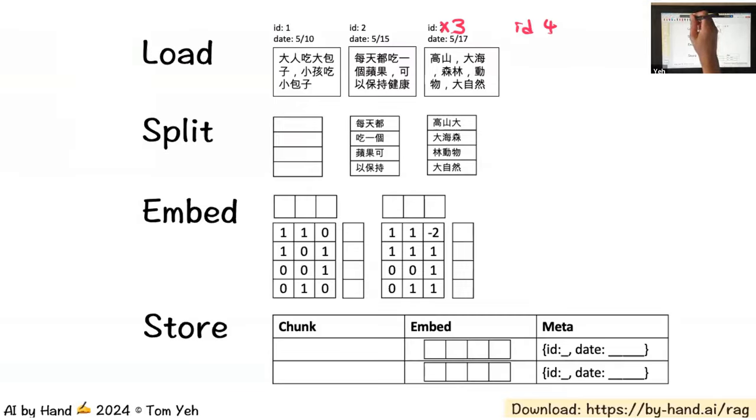And then split: we'd like to break this document into chunks. For documents 2 and 3 that's already done, and you can kind of tell how many tokens there are in each chunk. You don't even have to understand any of the characters, you can just count three. So chunk size comes to 3.